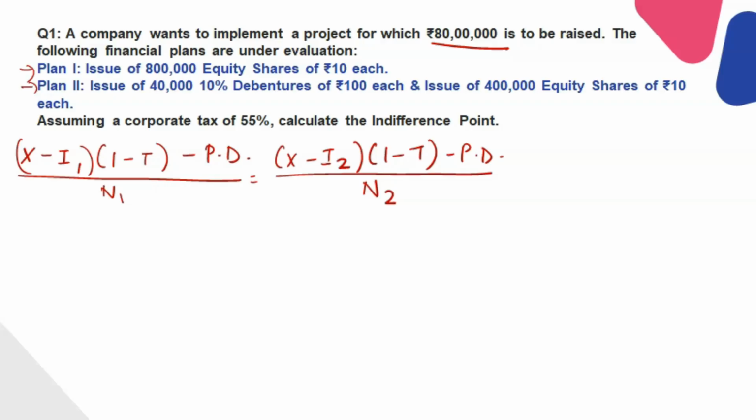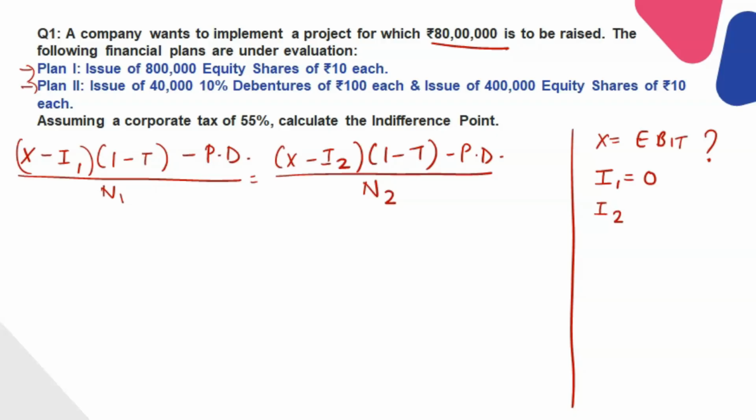First we can note down what is given here. X is what we have to find out. X is EBIT that we need to calculate. I1, I2, interest is given. In the first plan there are no debts, so interest is 0.